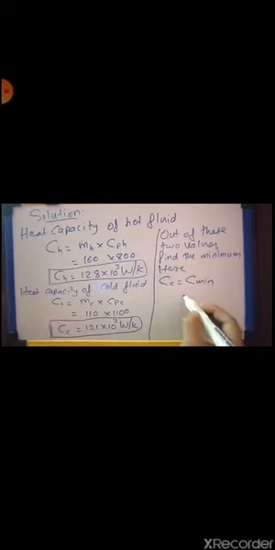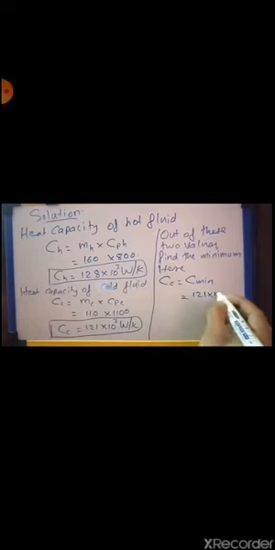That is, C minimum is equal to 121 into 10 raised to 3 watt per Kelvin. This is the first step, that is, we have to find out which one is the C minimum. Here Cc is the C minimum, therefore C max is Ch. That is automatically, it comes like that.